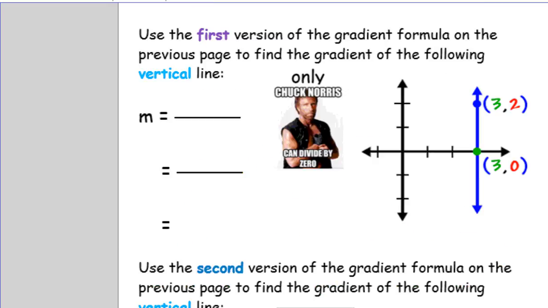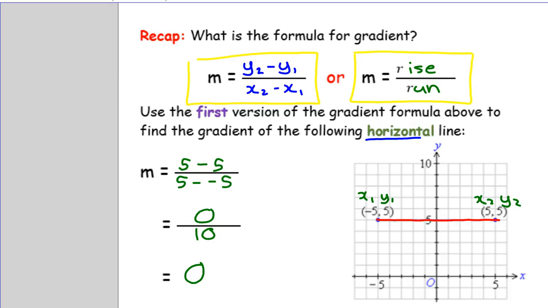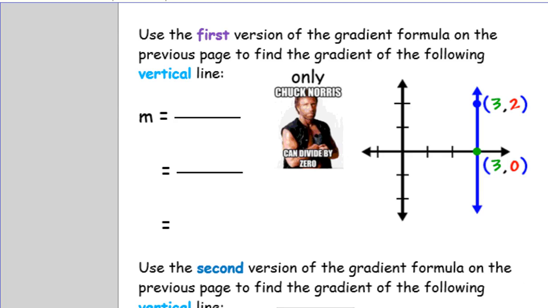Now let's look into verticals. So use the first version of the gradient formula, this one in blue, on the previous page to find the gradient of the following vertical line. Use that vertical line. Oops. Instead what I'll do is, let's just undo that.